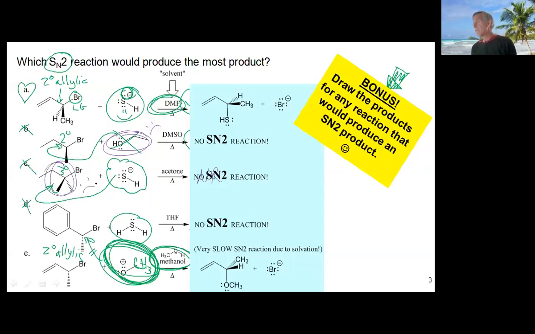Even though I have a great nucleophile, there's no way I can have an SN2 reaction on a tertiary aliphatic carbon. And the other no SN2 reaction, again, was due to a poor nucleophile, one that is uncharged and can't actually do a backside attack, even though I have a primary benzylic carbon, which is great, and an aprotic solvent, which is great. You throw a poor nucleophile in, and this is not going to react at all.